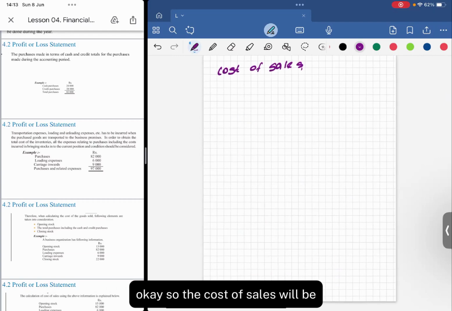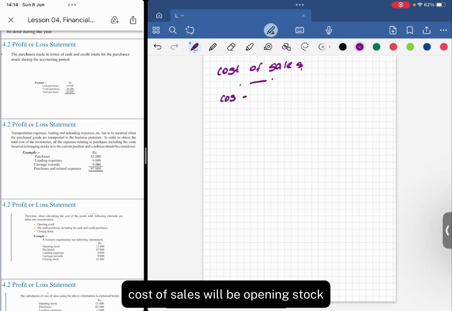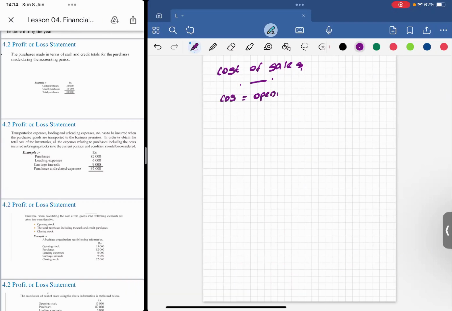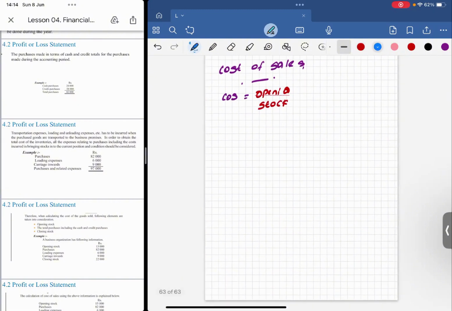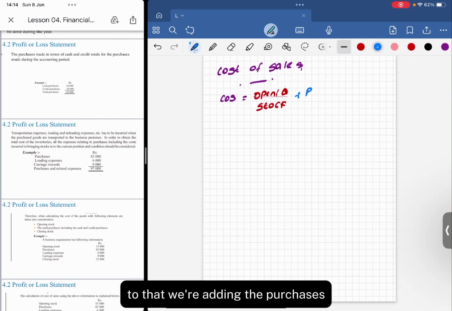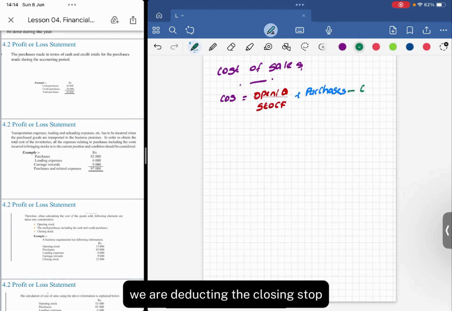The cost of sales will be opening stock, to that we are adding the purchases, and then we are deducting the closing stock.